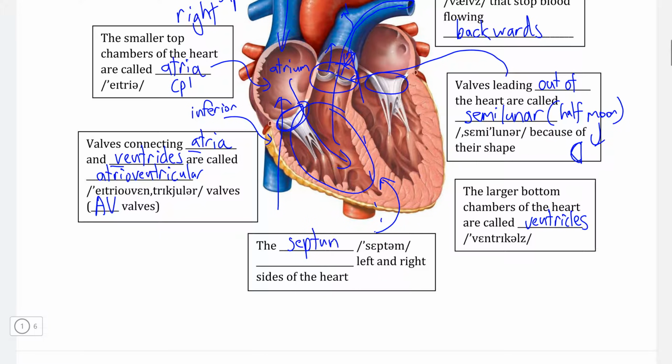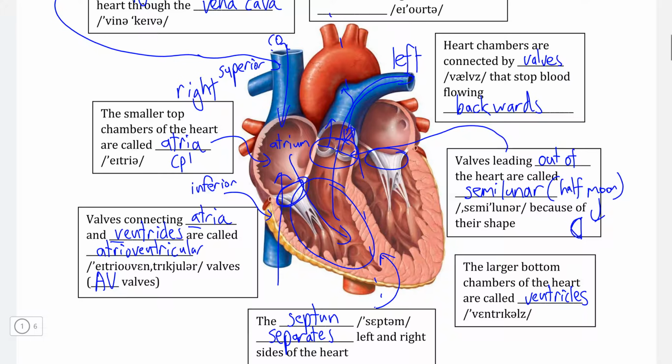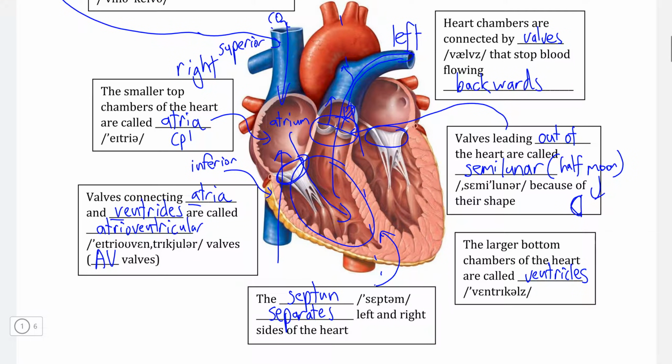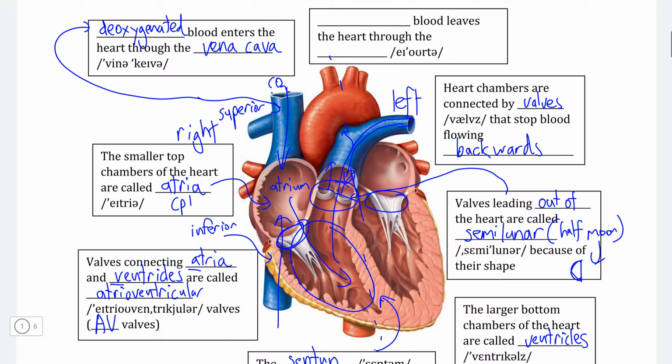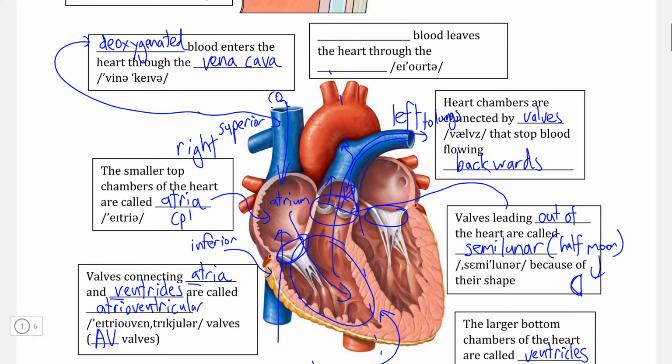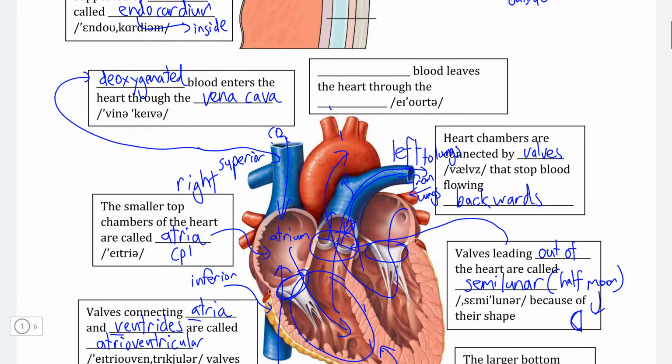And the septum's job, as previously mentioned, is to physically separate the right and left sides of the heart, because ultimately the directions of blood are completely different. So the job of the right side of the heart is to take deoxygenated blood and pump it out of the heart towards the lungs of the body, whereas the left side of the heart's job is to take blood that comes from the lungs that has received oxygen and pump it out of this blood vessel here.